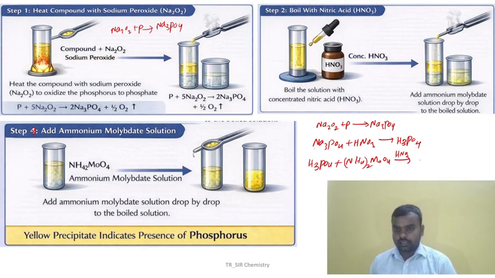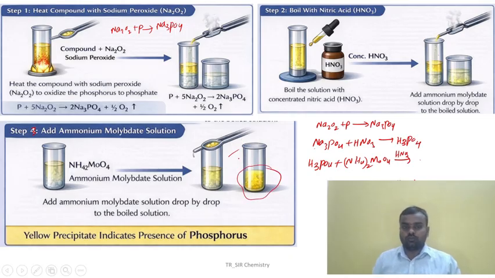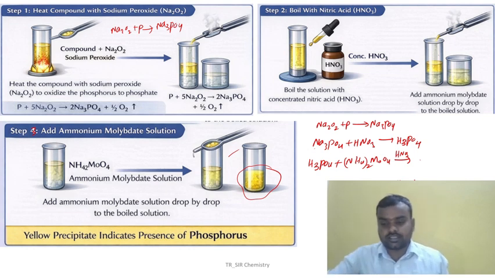(NH4)3PO4.12MoO3. This confirms that this will be ammonium phosphomolybdate. This will have the canary yellow color. That confirms that phosphorus is present. In this step by step I have clearly shown this. This will be the color of ammonium phosphomolybdate, that indicates that phosphorus is present.